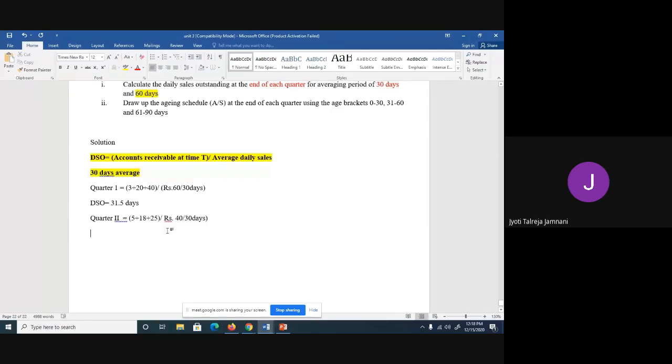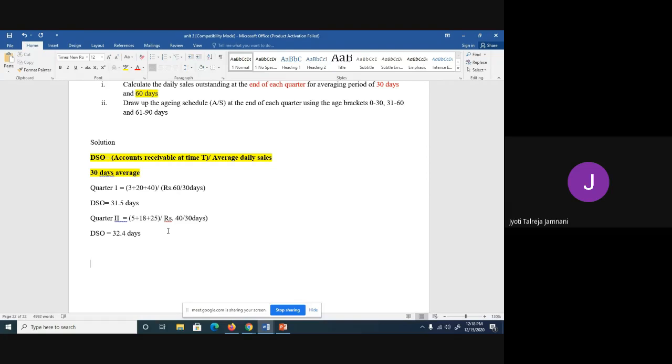If you solve it, we'll get days sales outstanding as 32.4 days. So in the second quarter, your sales will remain outstanding or not receivable on an average for 32.4 days.